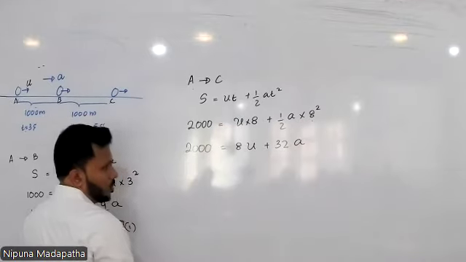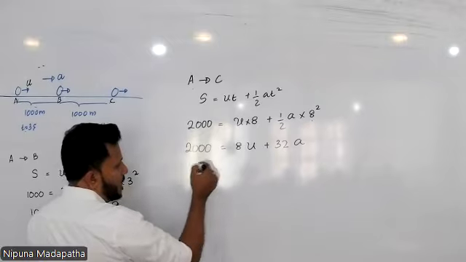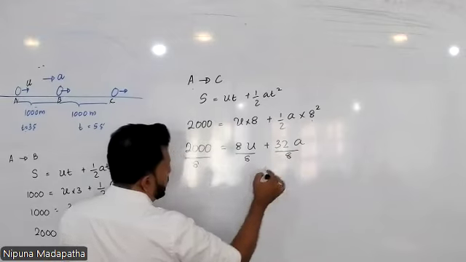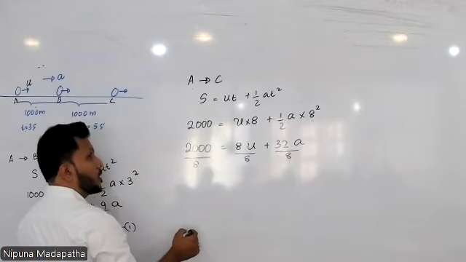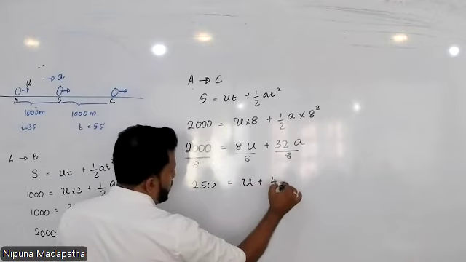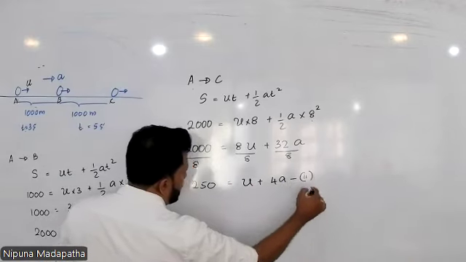Right, so you can divide all the terms by 8 to make it easier. 2000 divided by 8 is 250, equals u plus 4 times a, second equation.